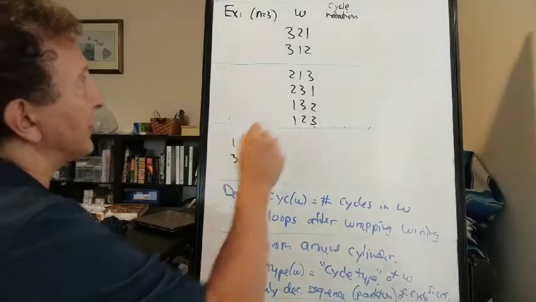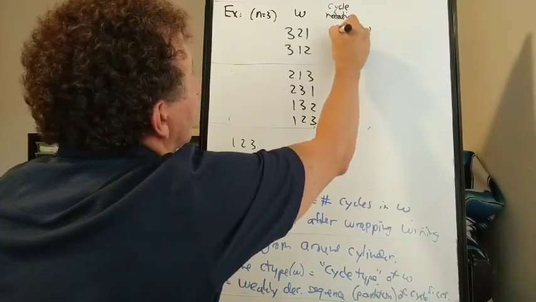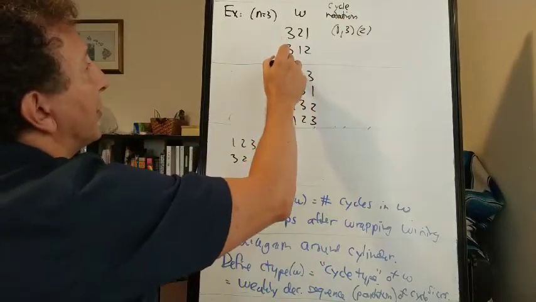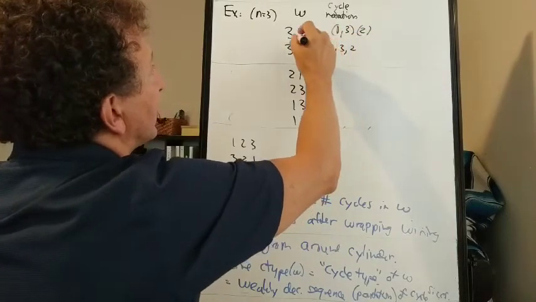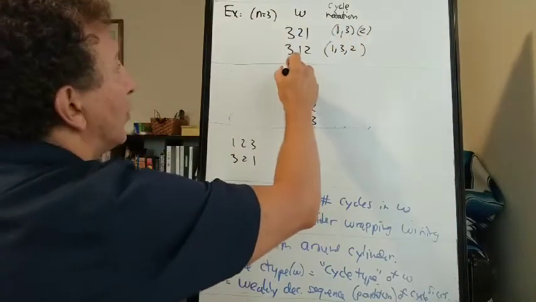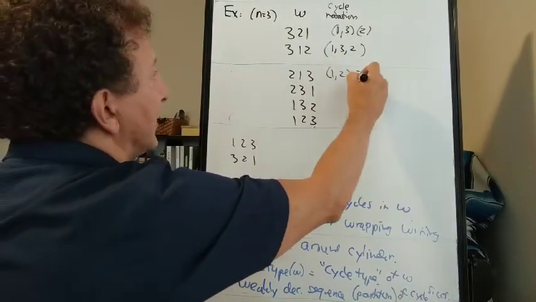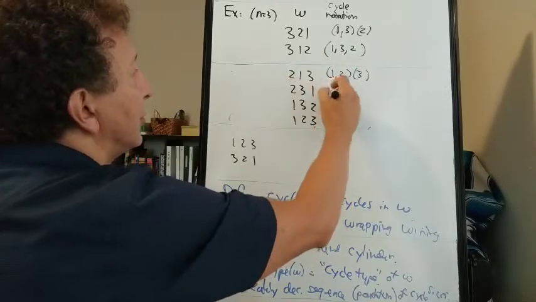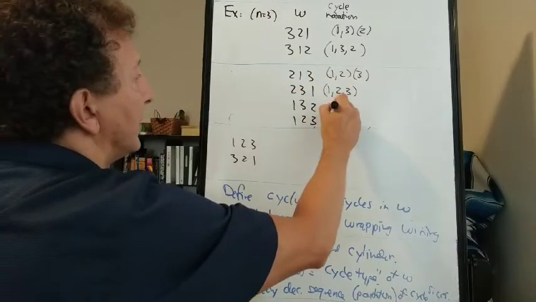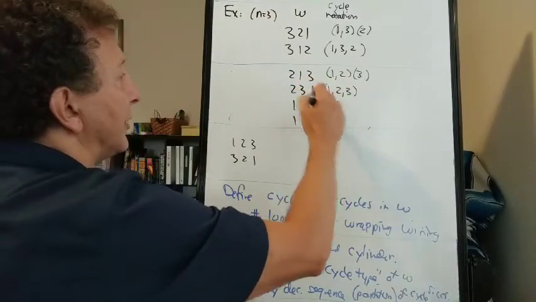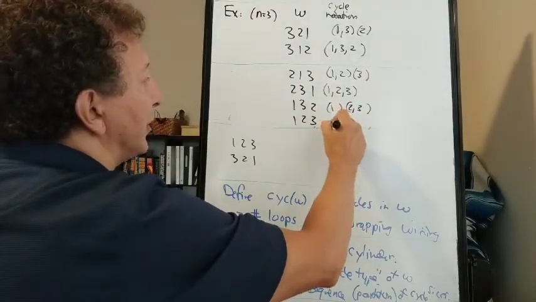So 1 goes to 3, 3 goes to 1, and then 2 goes to itself. 1 goes to 3, 3 goes to 2, and 2 goes to 1. 1 goes to 2, 2 goes to 1, 3 goes to 3. 1 goes to 2, 2 goes to 3, 3 goes to 1. 1 goes to 1, 2 goes to 3, 3 goes to 2. 1 goes to 1, 2 goes to 2, 3 goes to 3.